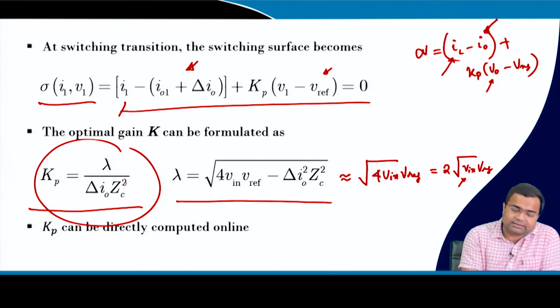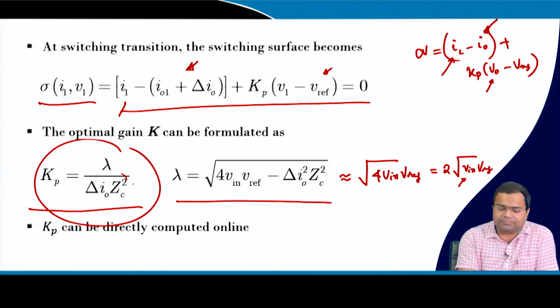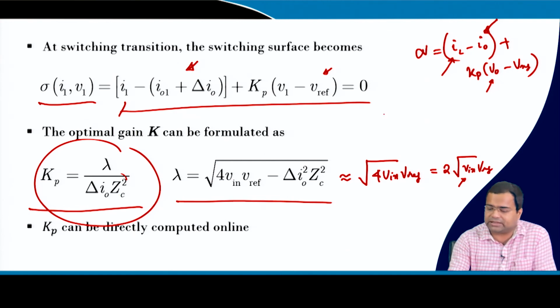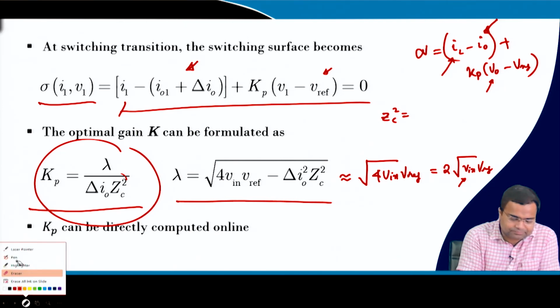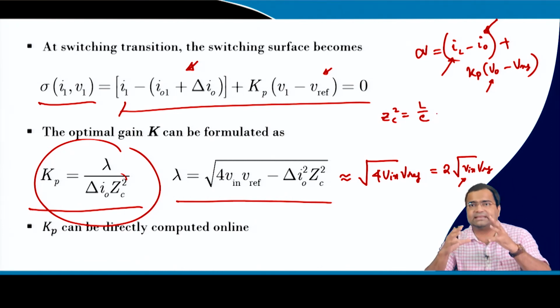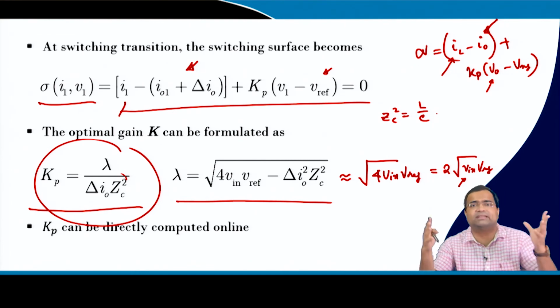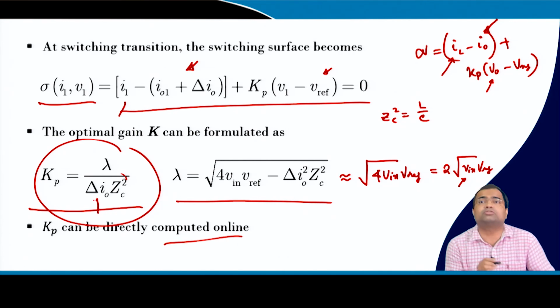Another thing, ZC square is that our L by C, right. So, ZC square is nothing but L by C, and again L and C are more or less known at the design stage, okay, and their variation is not very significant. So, you can compute online, only we need to know the load step size.